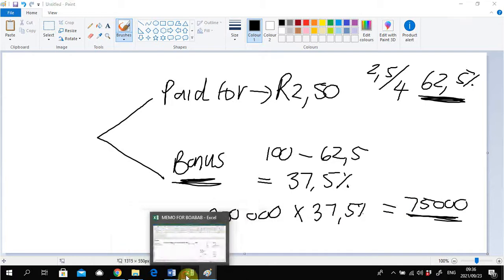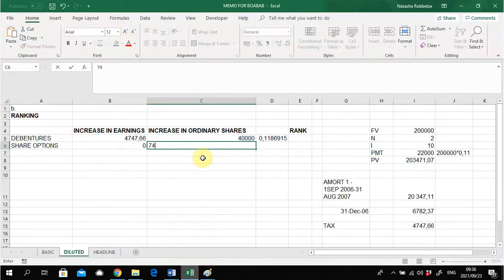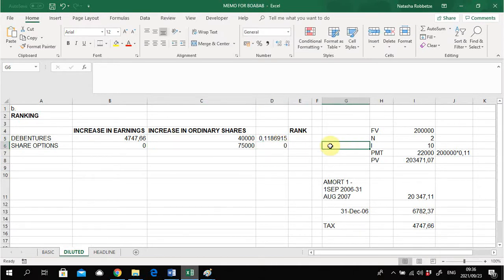So going back, we're going to type in 75,000, and the answer here is 0, because 0 divided by anything will remain 0. The ranking will be from lowest to highest. So the first rank will be the share options, and the second rank will be the debentures.